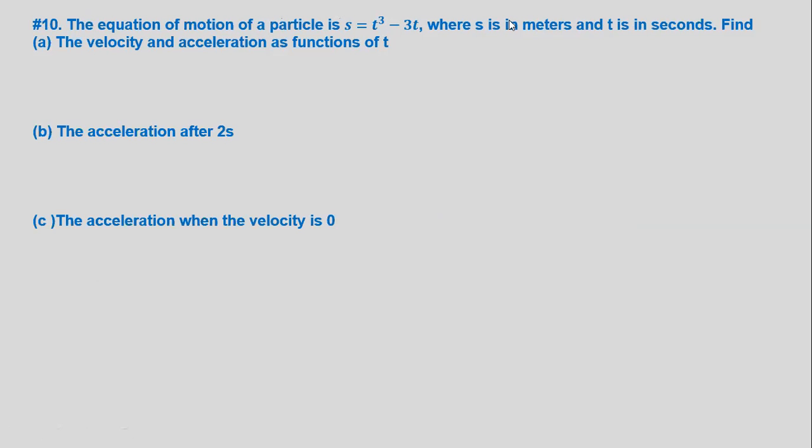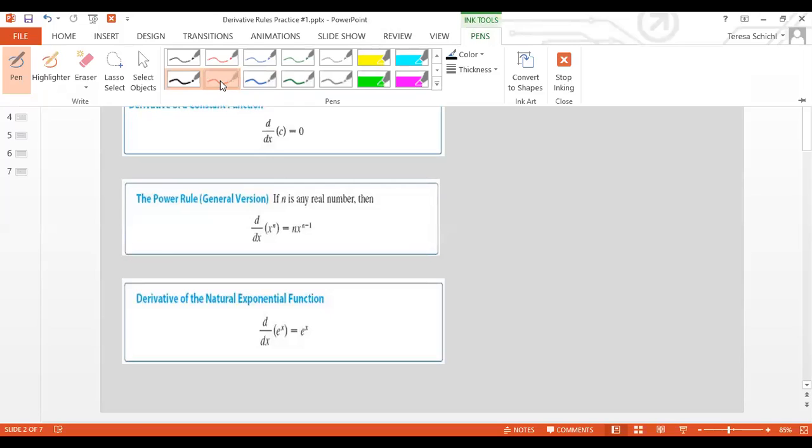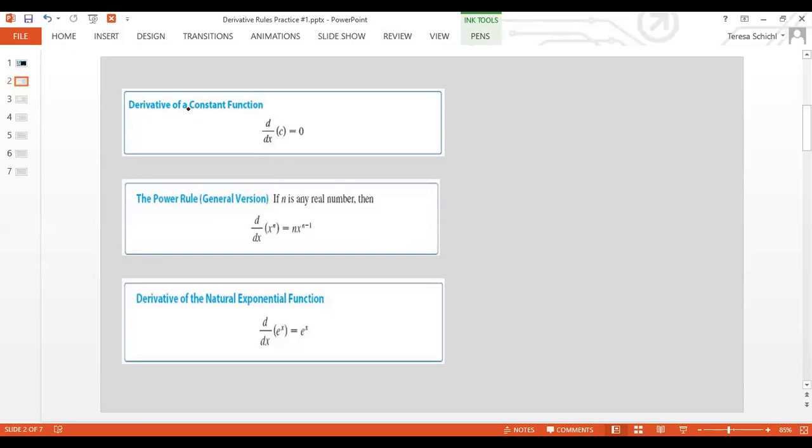Okay, so let's go back to our worksheets and take a look. The first thing we're going to talk about is the formulas. If you take the derivative of a constant, it is zero.